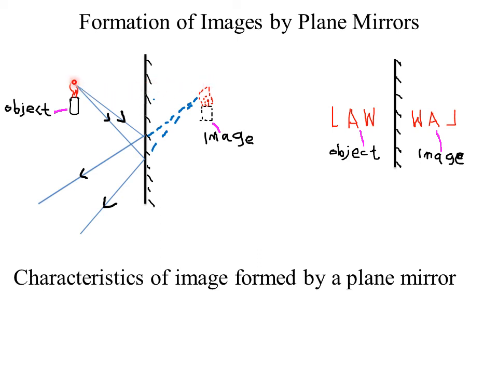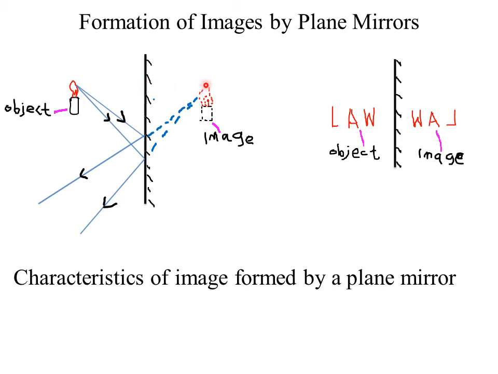So the first property of the image formed by a plane mirror is that the object distance, the distance from the object to the mirror, is equal to the image distance, the distance from the mirror to the image.